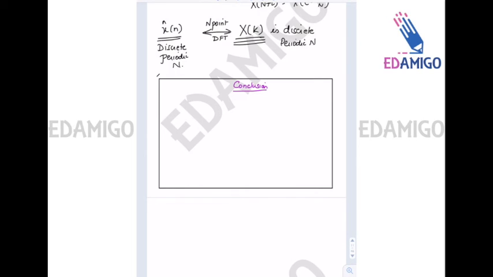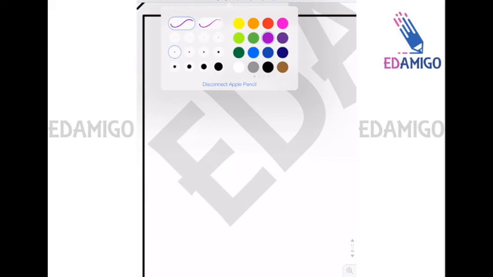I will be writing here in a very small format so that the conclusion is there. So we started with x[n], which has DTFT X(e^{jσ}). We sampled it, taking capital N number of samples in one period.